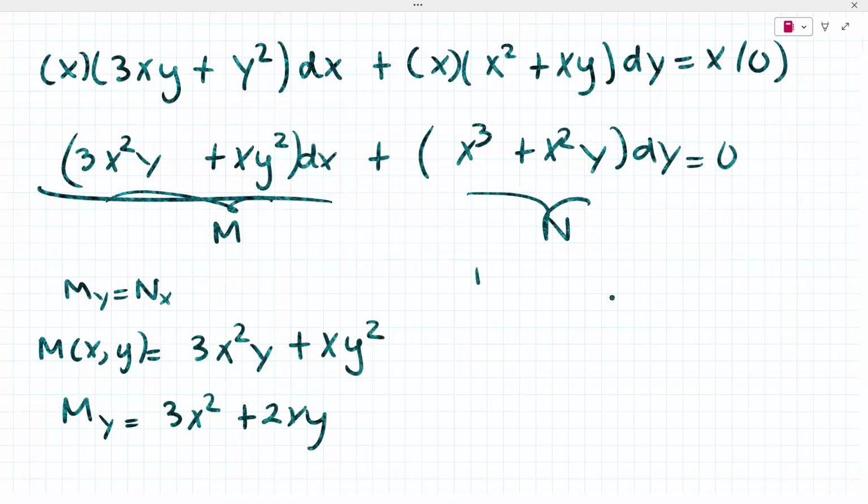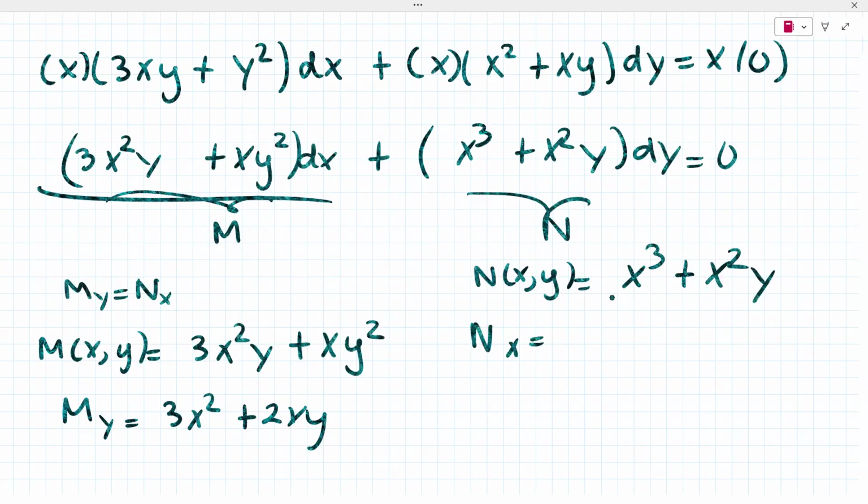And then my N of xy is x cubed plus x squared y. So my N of x is 3x squared plus 2xy. Yeah, it looks like they're exact.